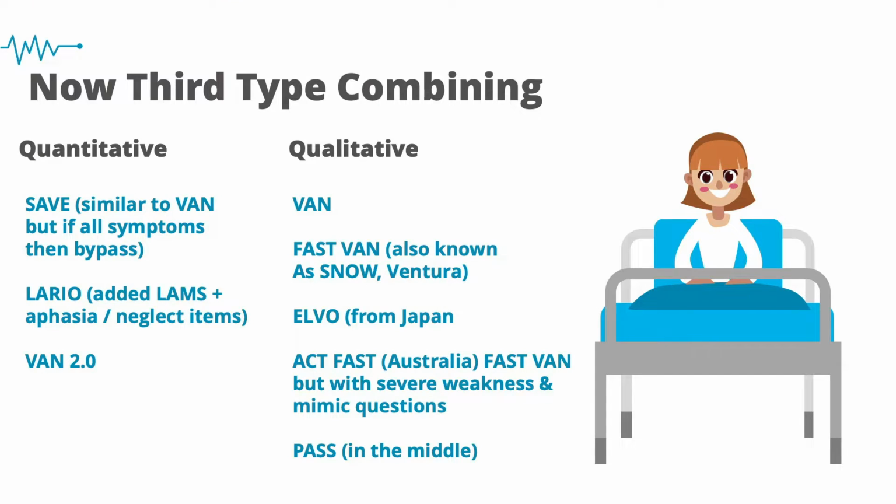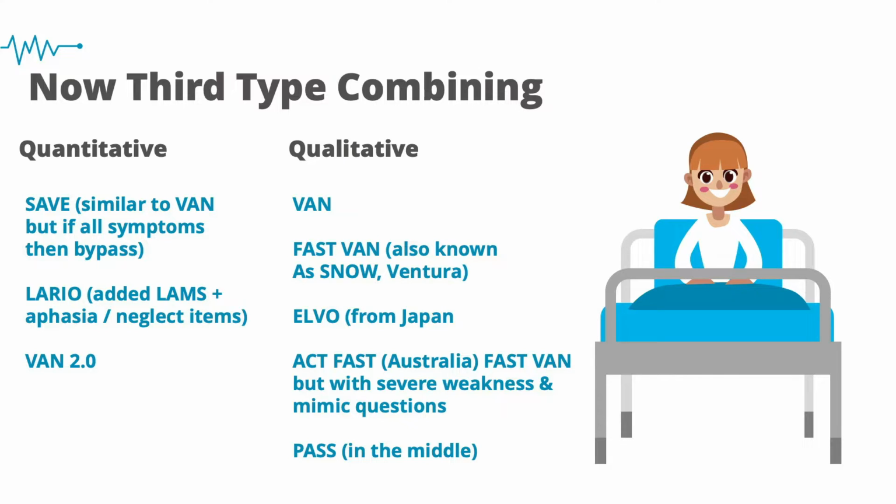And then there's some scales that are trying to combine both. They're like, for instance, SAVE, which is speech, arm, vision, eyes. You have to have all 4. And so you're adding up numbers, but it's not really severity numbers. They're like, do they have the cortical symptoms, yes or no?